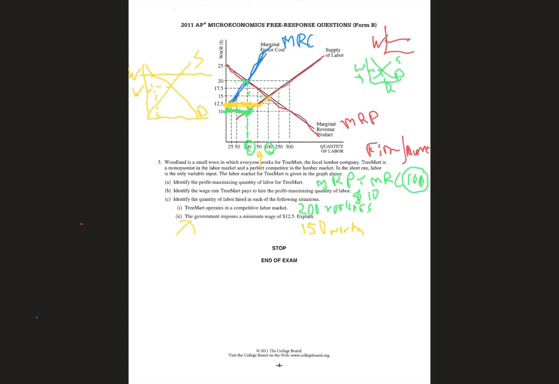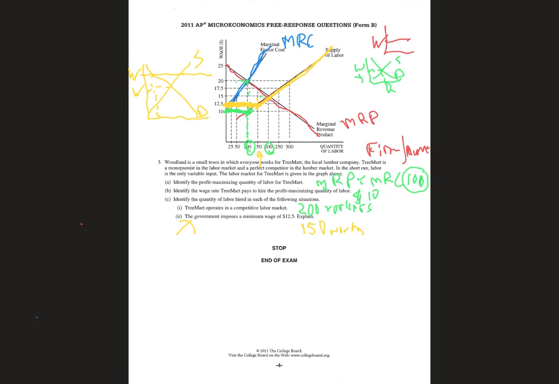And to give you an idea, in a sense, you're looking at your minimum wage, and this line here, that's kind of like your supply curve for labor. Before 150, the quantity of 150, we don't really have an MRC. There's just the $12.50. That is the cost of the wage, right?